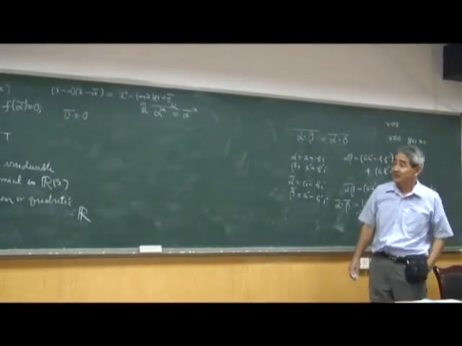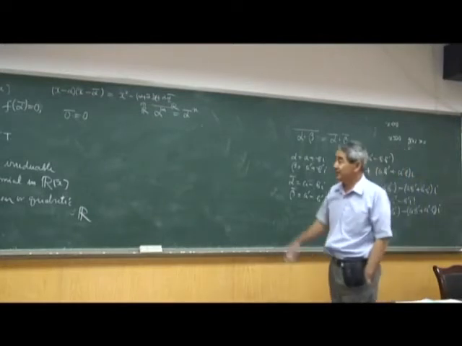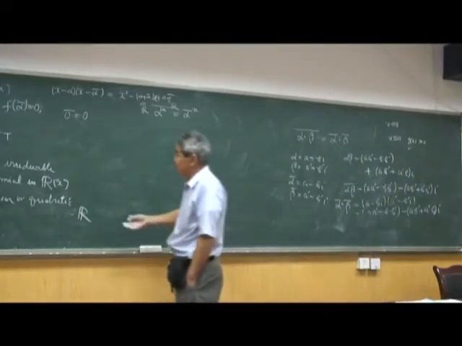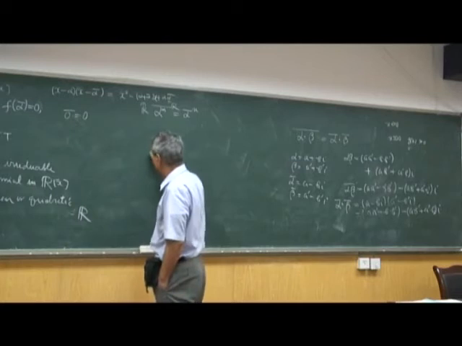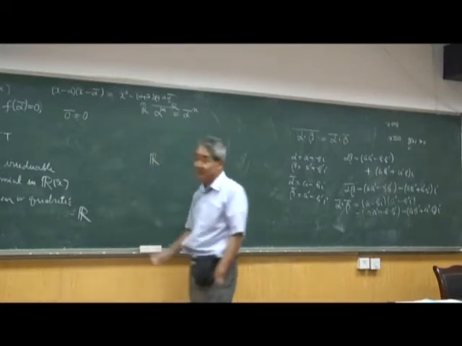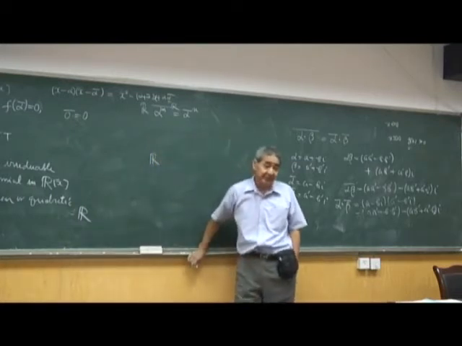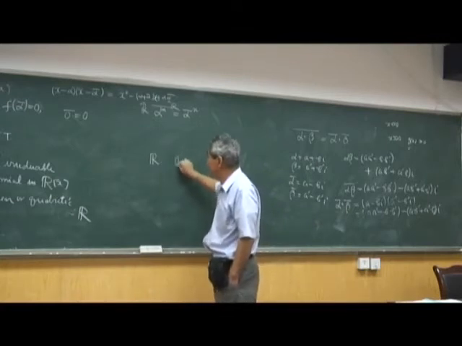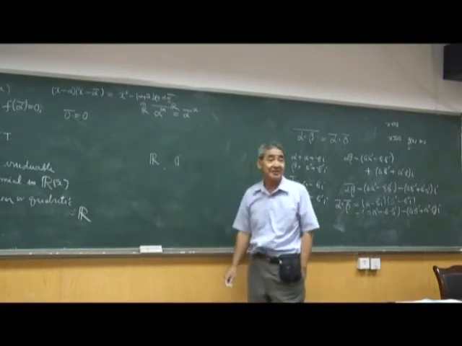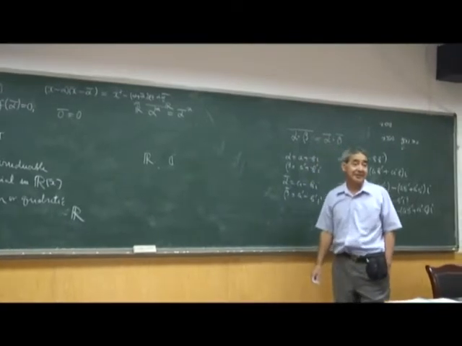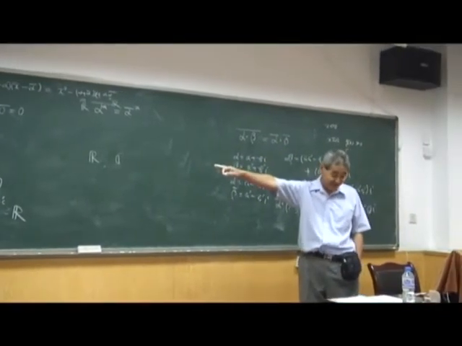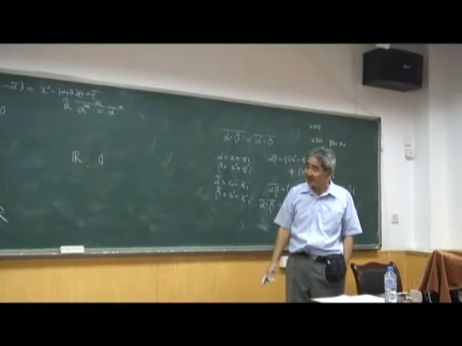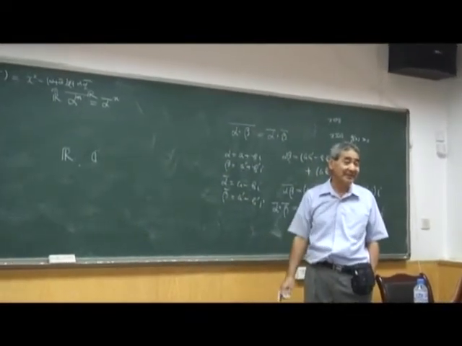And what this means is, if you want to have a field which contains the real numbers, then the only possibility is the real numbers or the complex numbers. No more than that. This is the complete consequence of the fundamental theorem of algebra or this exercise.